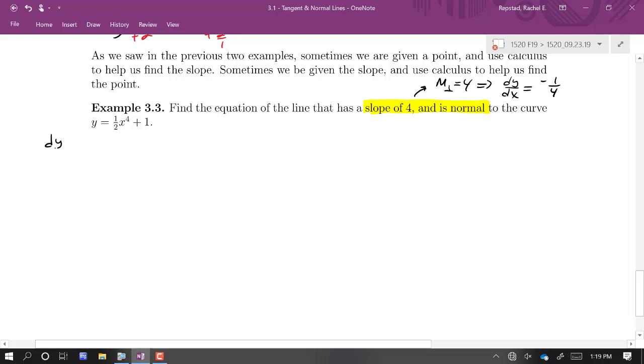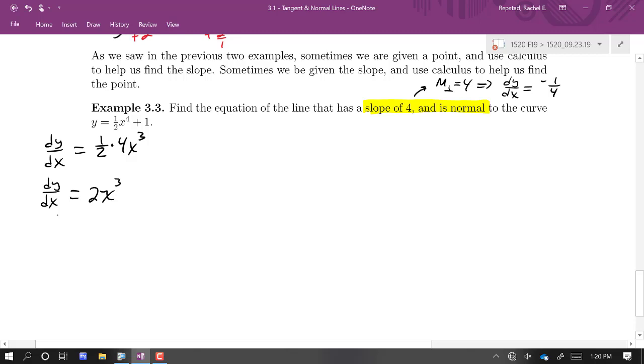What is dy dx equal to? And then the 1 just goes to 0, right? So that's our derivative. We could simplify, call that 2x cubed.